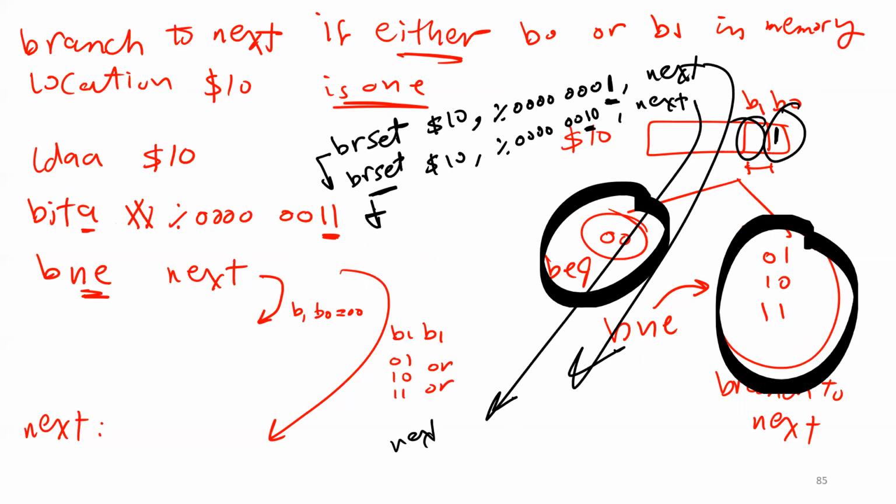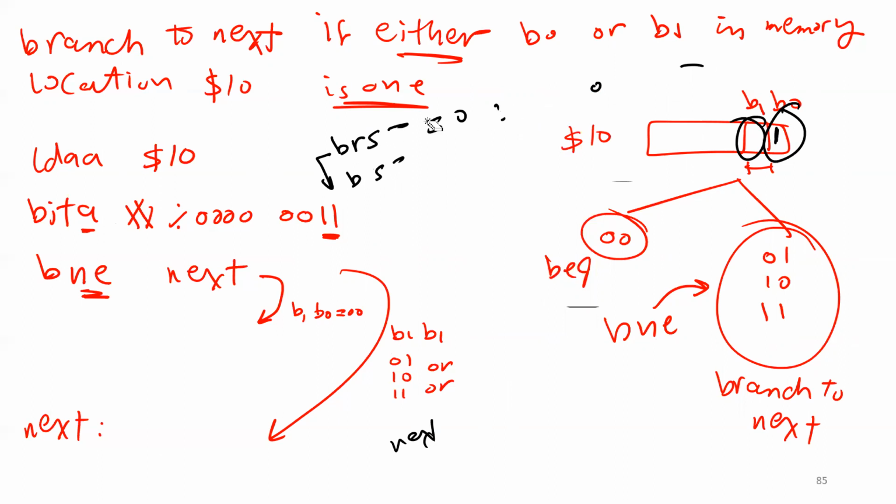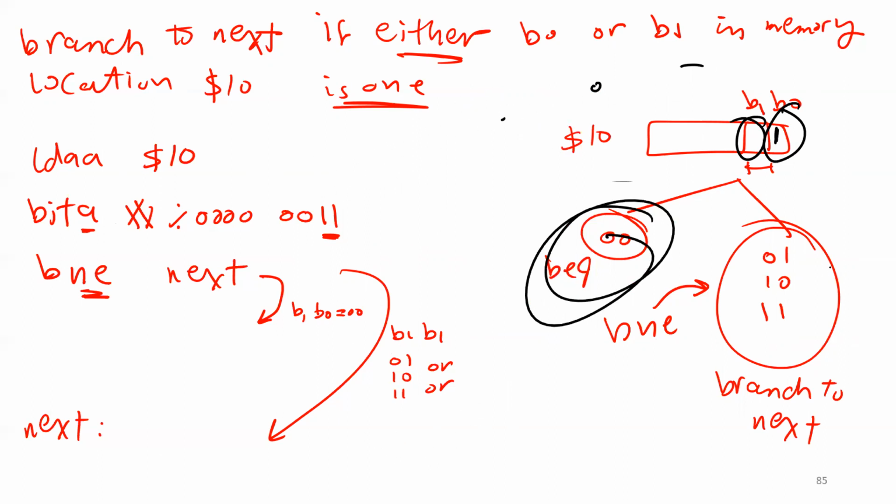Okay. You can do it in a different way. Look, a more interesting way. I'm going to look for the zeros instead of looking for the ones. I'm going to say branch if clear.